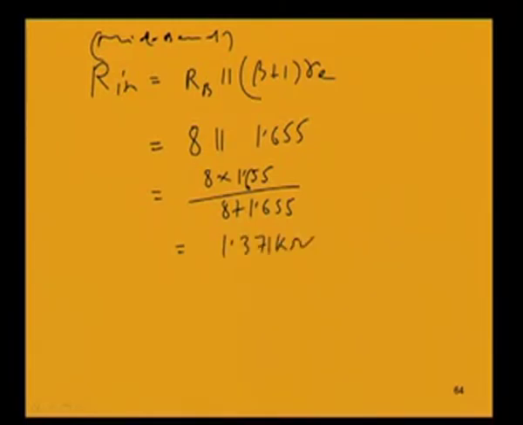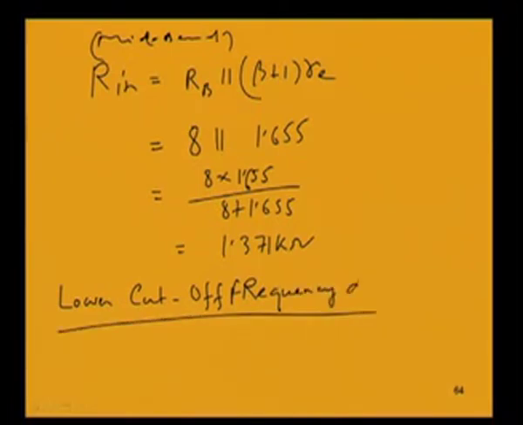So if we know this Rin in the mid band frequency region, then in order to find out the lower cutoff frequency, we have just now found out the lower cutoff frequency due to Cs alone.